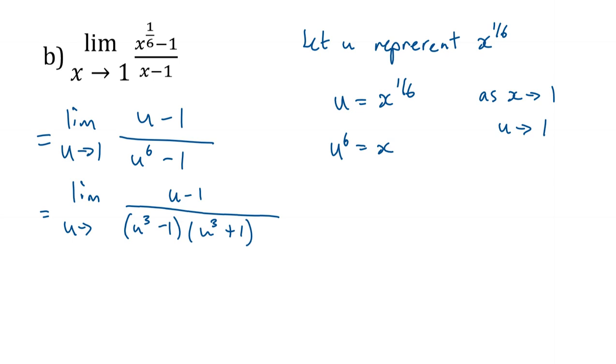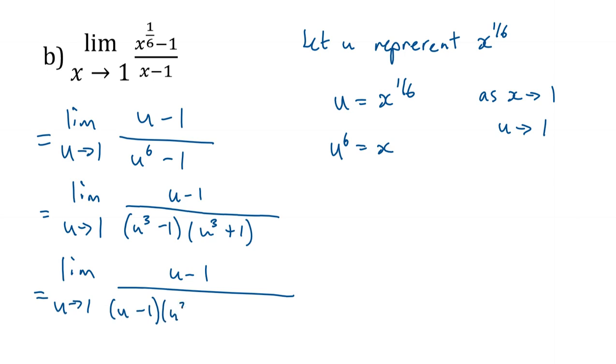So I leave that part alone. I leave the u cubed plus 1 alone, and I factor the other part. So you still have to factor a difference of cubes, but it's a bit of an easier one. Don't forget that you still have the u cubed plus 1 there.